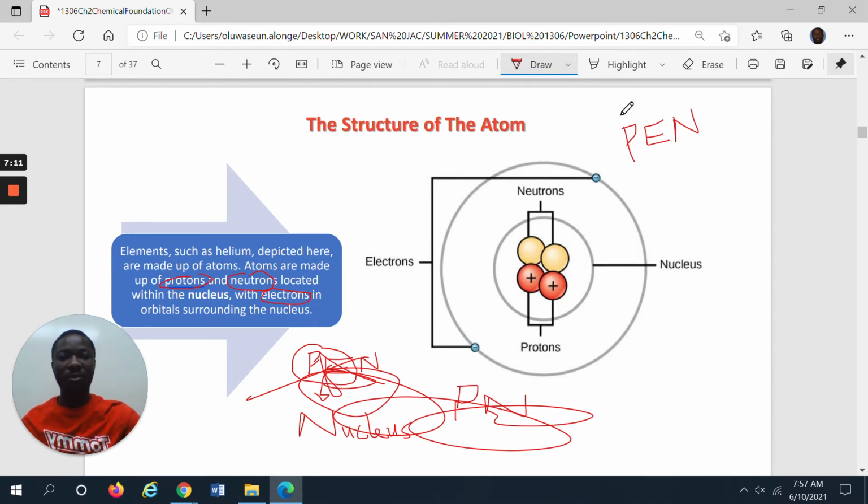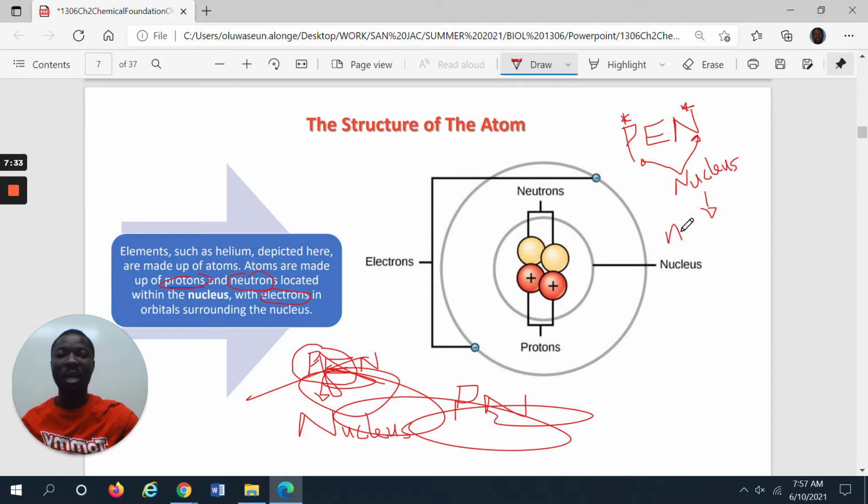Now, proton and neutron are located in the nucleus, and that is what forms the mass number.